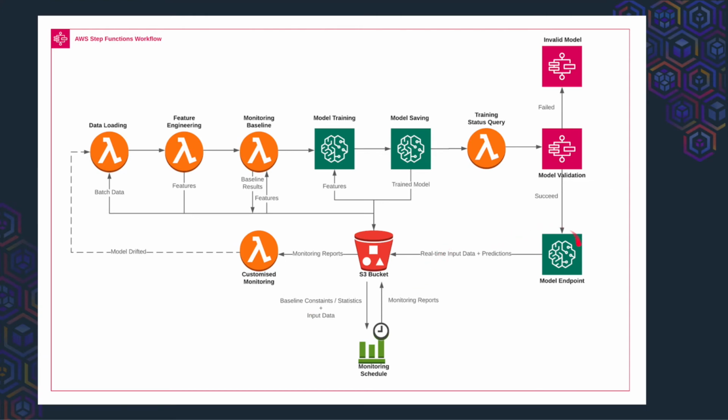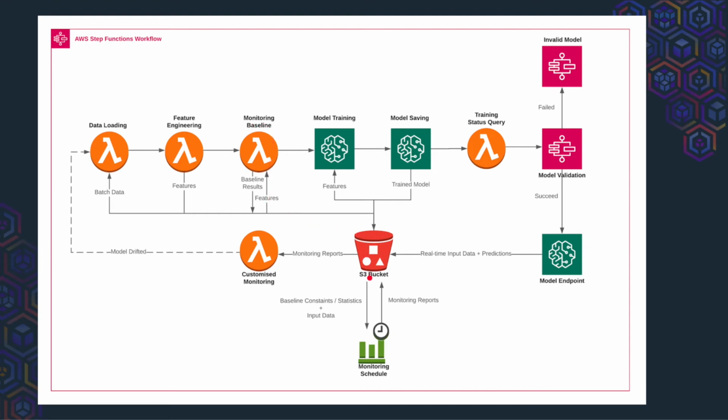First, we need to enable data capture on the endpoint to store all the incoming data in an S3 bucket. And then we set up a monitoring schedule, essentially a cron job, to compare the input data with the baseline from the training data set that was extracted by the monitoring baseline Lambda.